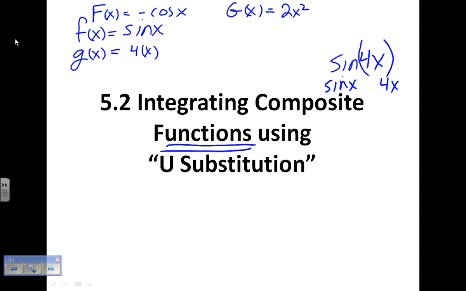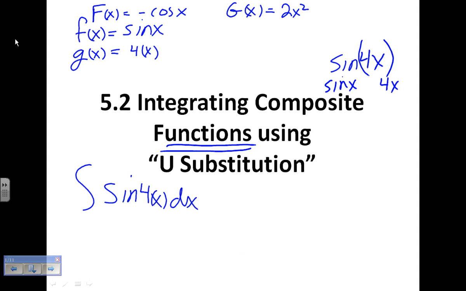So if I want to integrate this integral, there's a couple ways you can look at it. If we look at the integral of sine of 4x dx, this doesn't hit one of my rules right now, does it?